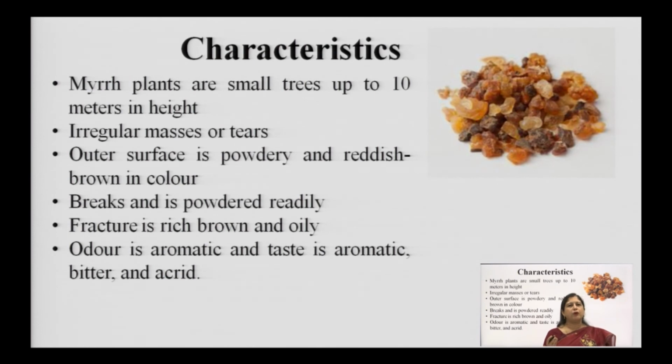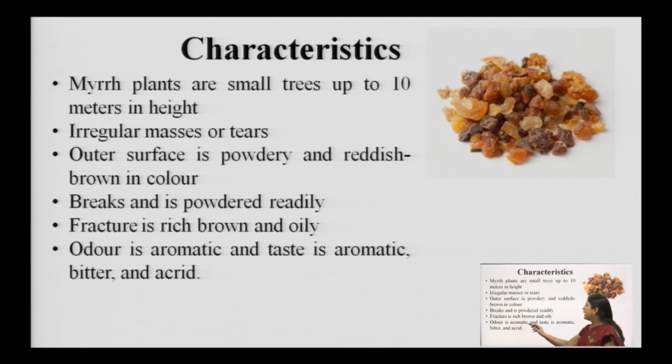So, it is slightly powdery, on drying it produces some powdery substance on the surface, and externally it is reddish brown in color, and it breaks very easily, powders very easily. The fracture is rich brown and oily, means when we break it, we will see that it breaks very easily, and from inside we have certain oily substance which is coming out.